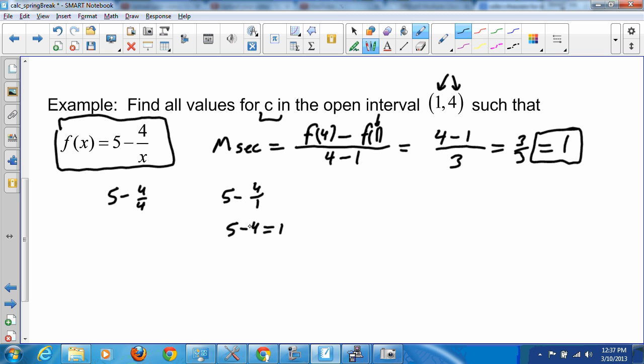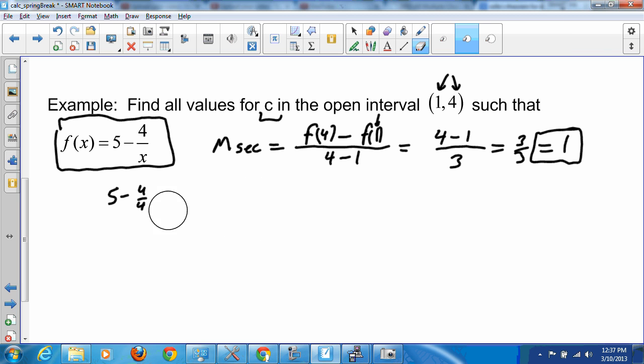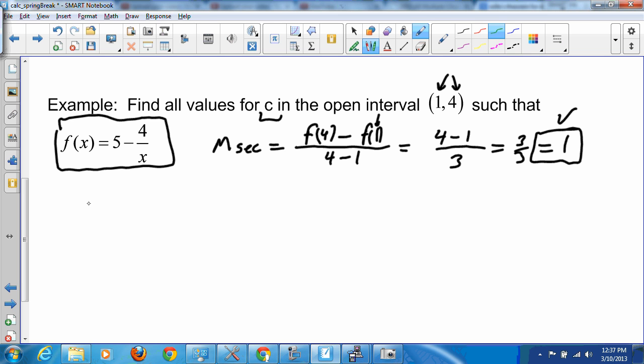So in plain English, what they're asking us to do is take the derivative and set it equal to 1, and find all the values for x that are in between 1 and 4 that make this true. Alright, so let's switch colors here, and let's take the derivative of this function.